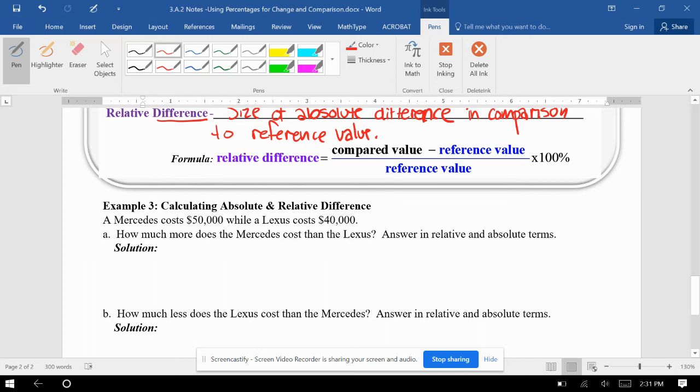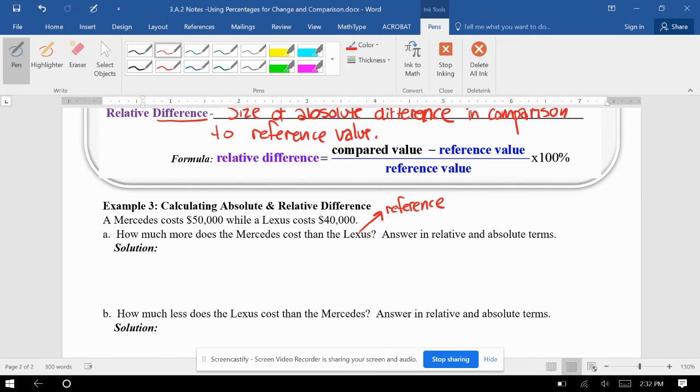And then it says, how much more does the Mercedes cost when compared to the Lexus? So you're trying to figure out what is being compared, and what we are comparing it to. We are comparing the Mercedes to the Lexus. So this is the reference value. This is the beginning, like, we're going up to the Lexus and we're going to see how different we are compared to the Lexus.